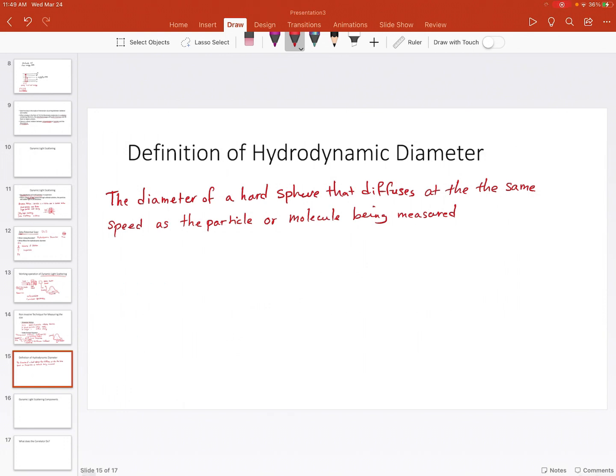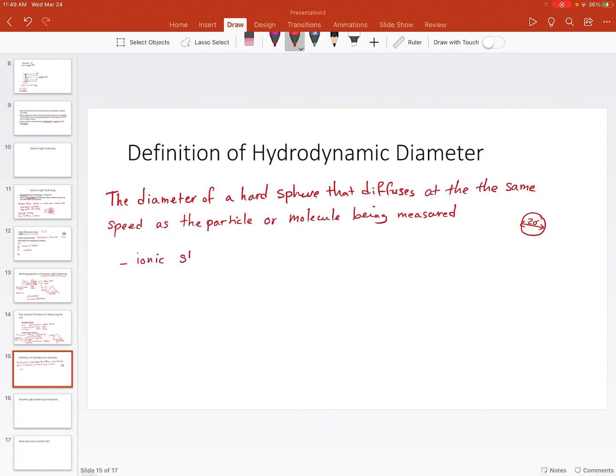So for example, when the DLS reports that the hydrodynamic diameter of this sphere is 20 nanometer, it means that this particle is moving at the same speed that a particle with a diameter of 20 nanometer would move. There are several parameters that will affect the size or the hydrodynamic diameter.